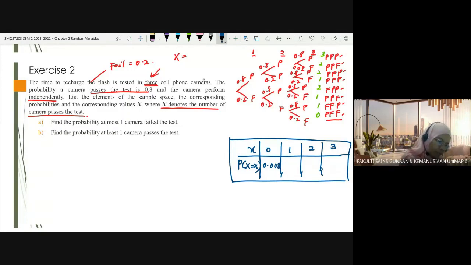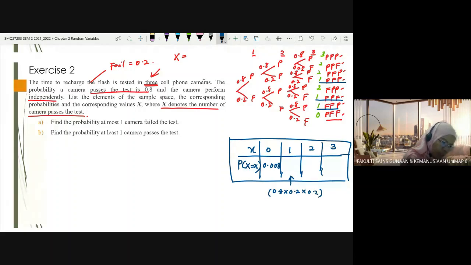What about 1? So for 1 you have 3 outcomes. For each 1 success, pass, you get 2 fails. So 1 pass means 0.8 times 0.2 fail times 0.2 fail.